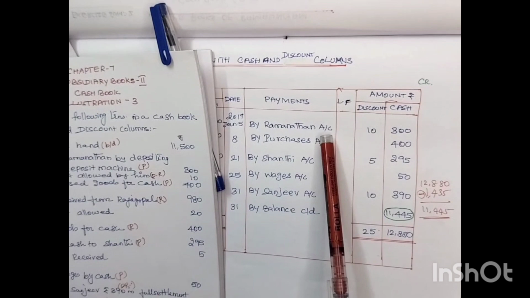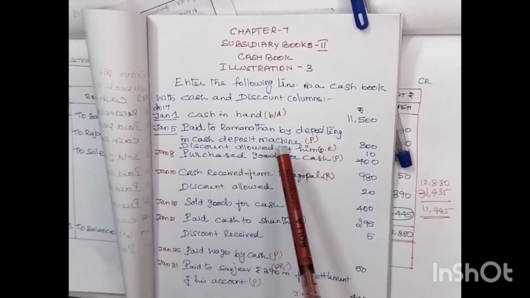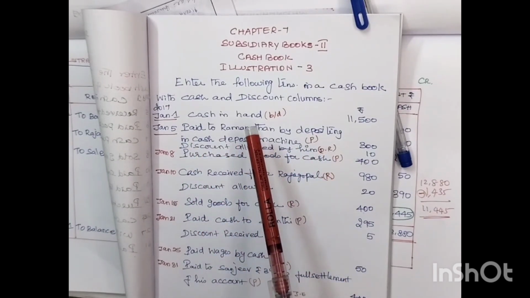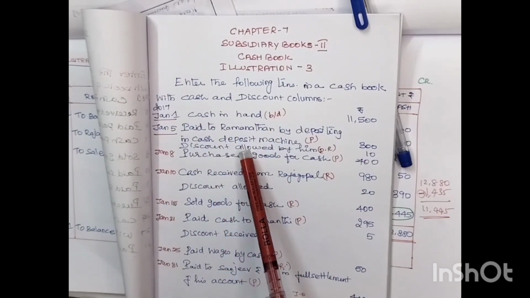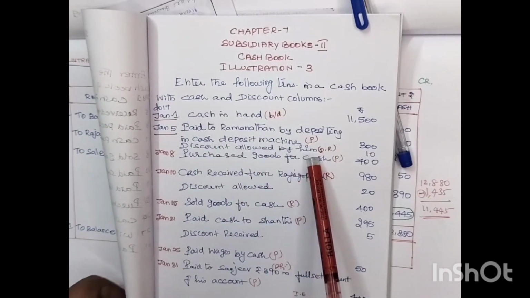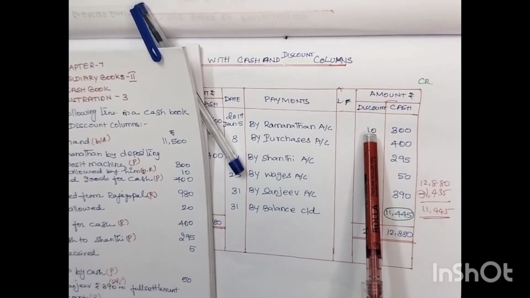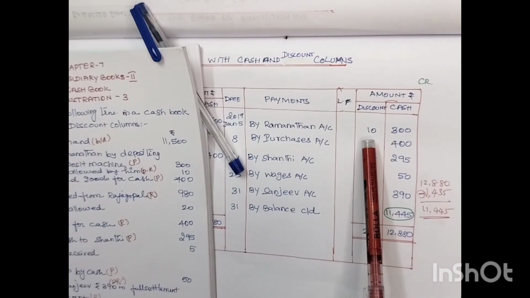How much rupees? 300 rupees. Discount allowed by him means when you made payment to Ramanathan he gave a discount. So you received discount. Discount received is always entered into the credit side. So in the discount column you have to enter 10 rupees.